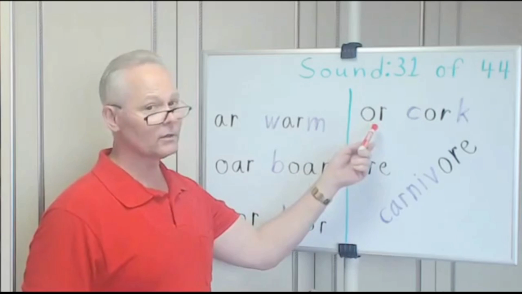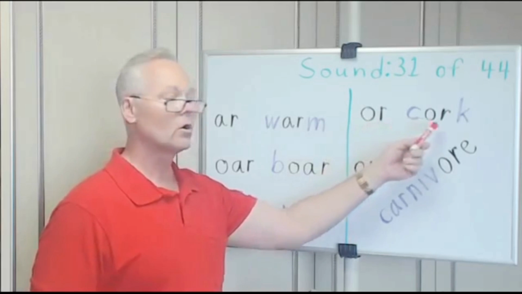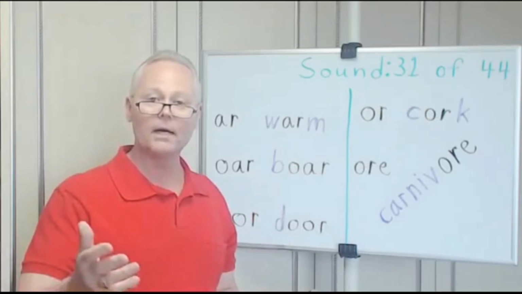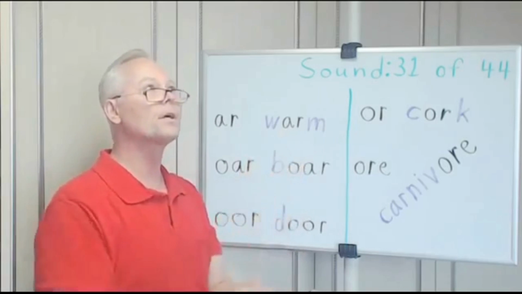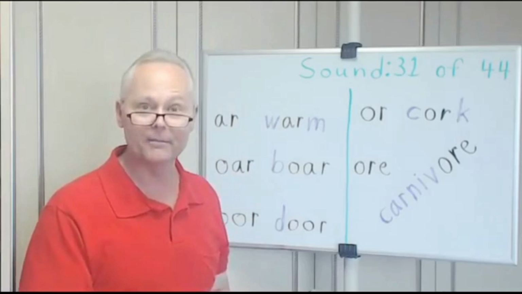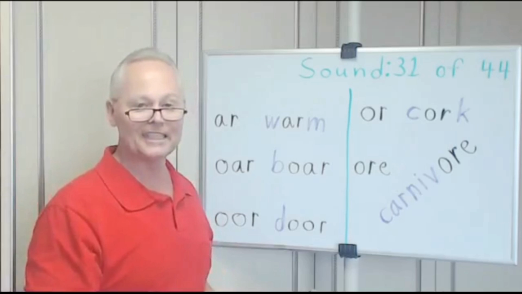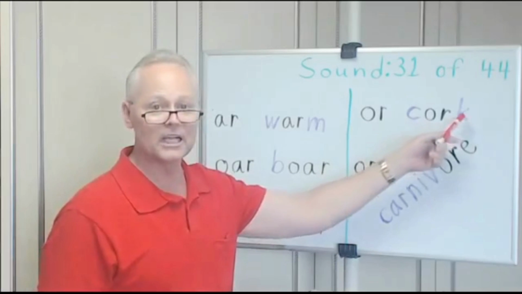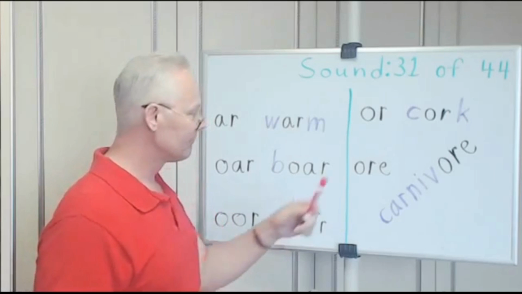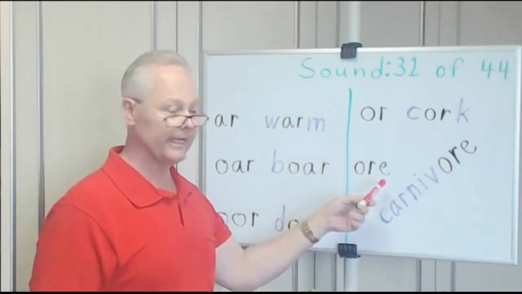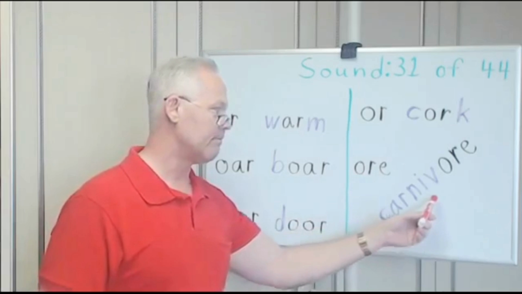Or, plain old OR, or cork. How about on New Year's Eve, we pop the cork out of a champagne bottle to celebrate the new year. A cork. There's a cork in your wine bottle. How about ORE? Here we have a big word.